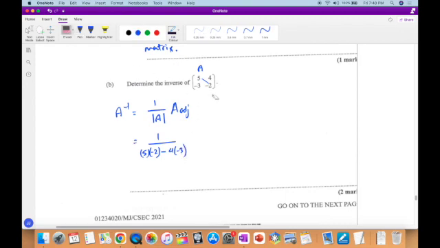And then we'll have to multiply that by the adjoint matrix. So the adjoint matrix is we flip this one, negative 2 over here, 5 over here, and then we negate these two. So this will become negative 4, and this will become positive 3.